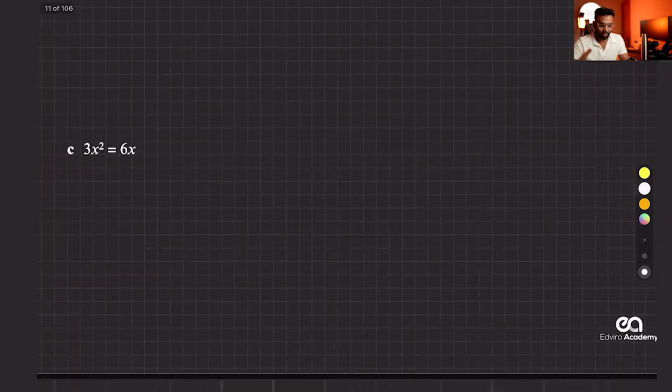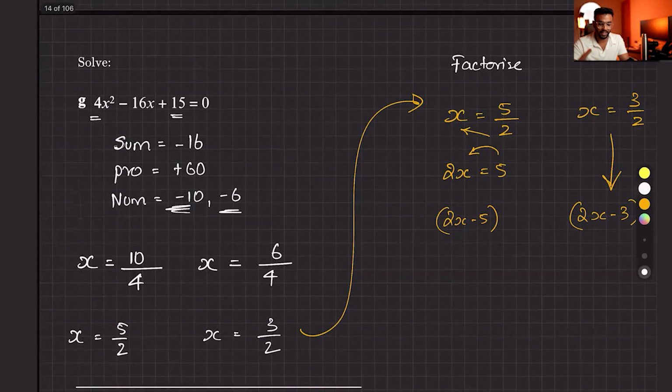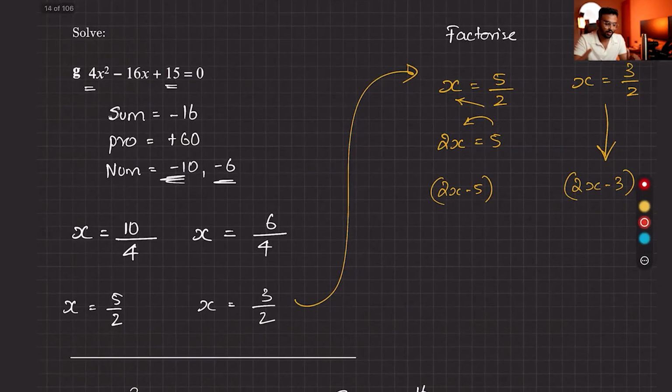Now, when we come to the harder quadratics, I did teach you a simple method. What was that, guys? I'm just going to take you through this one. What is making this quadratic question a bit harder? It's this 4, right? If you have any coefficient other than 1, that becomes harder. Now, the sum is still the number in front of x, which is minus 16.